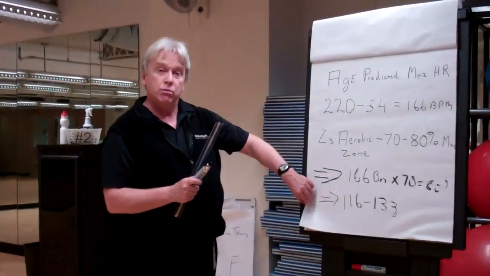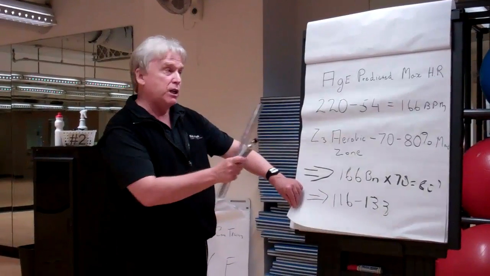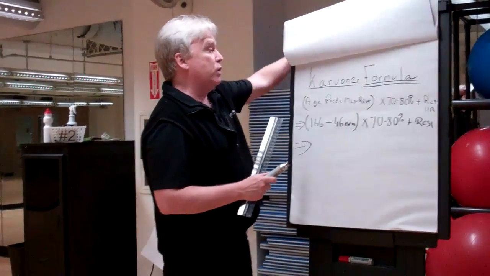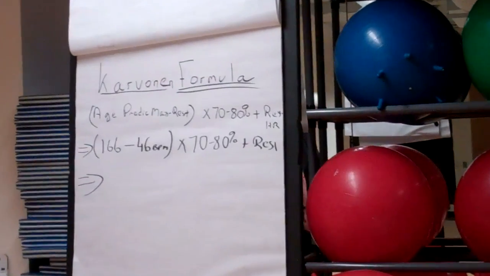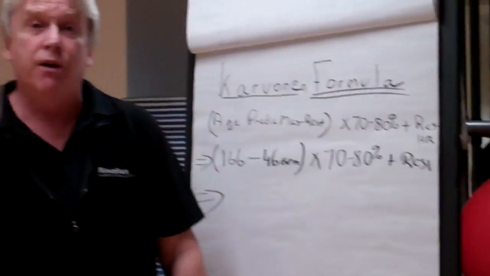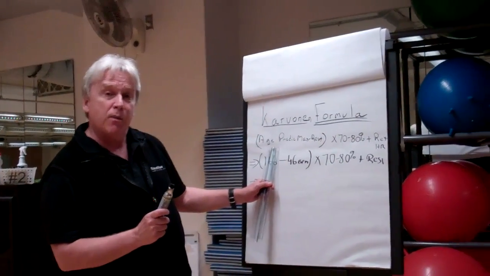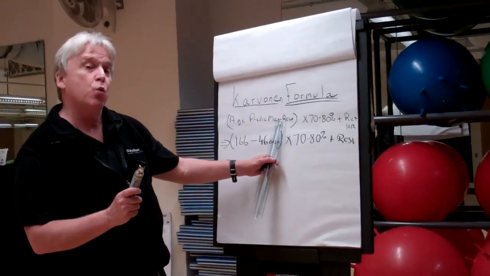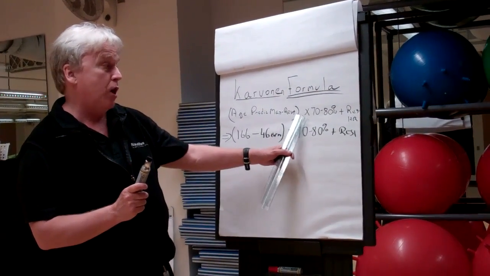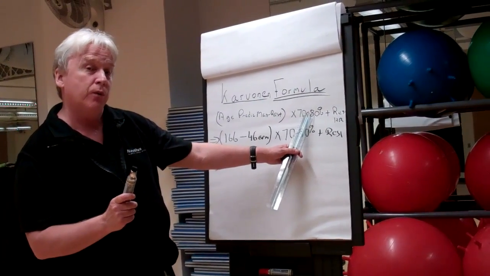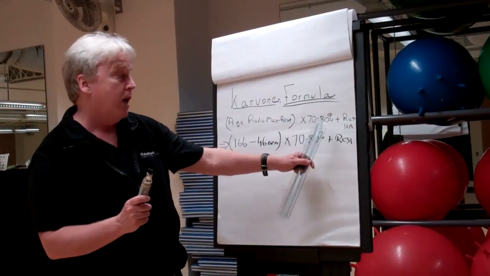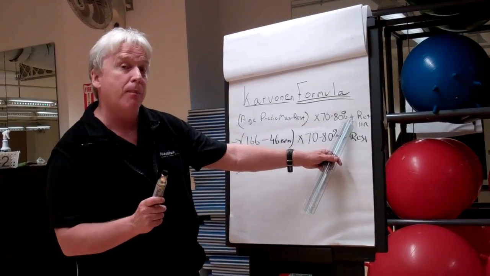So rather than the age predicted equation, we use what's known as the Karvonen formula, which follows the following guidelines. Your age predicted maximum heart rate minus your resting heart rate, times 70 to 80% of your maximal heart rate, plus your resting heart rate back.